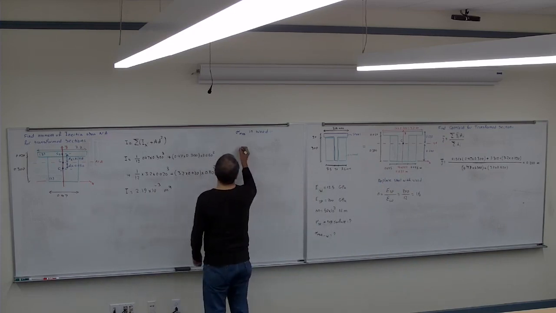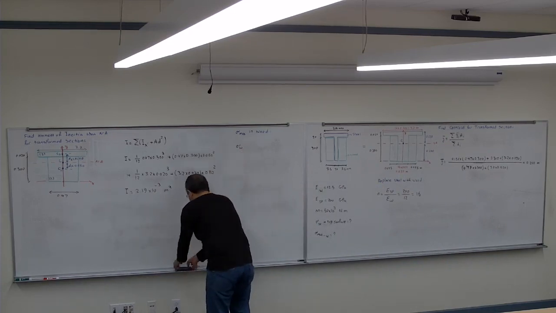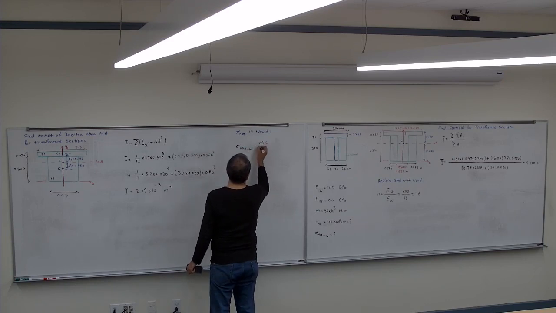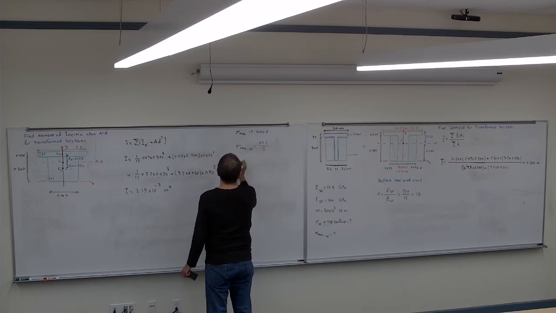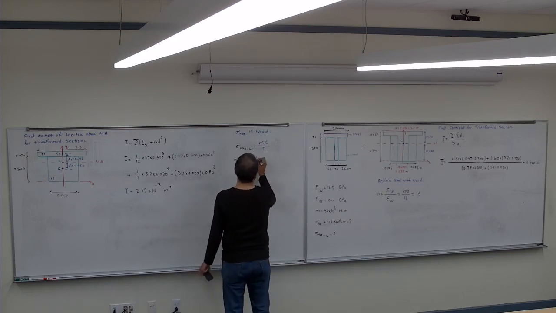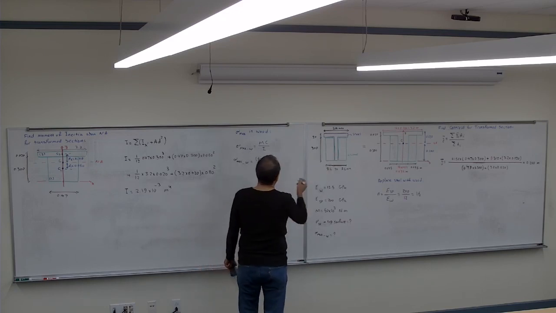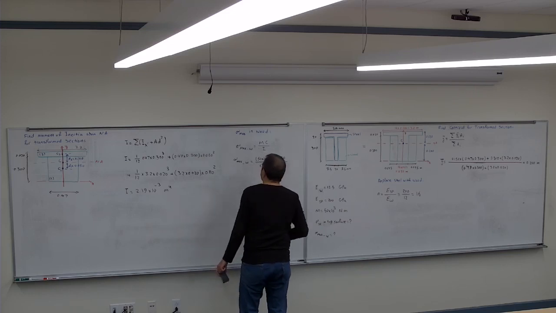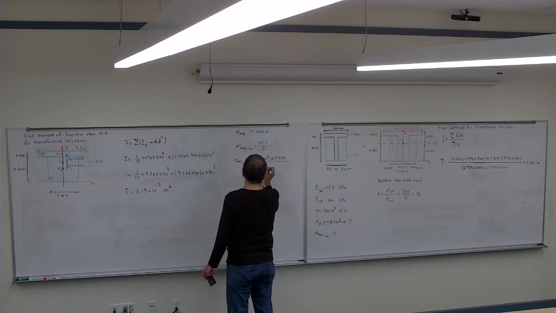So sigma max in the wood is MC divided by I. M is 50,000 times C, which is 200, divided by I, which is 2.19 times 10 to the negative 3.